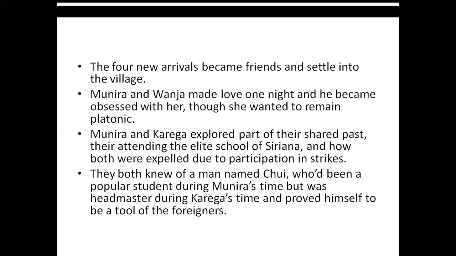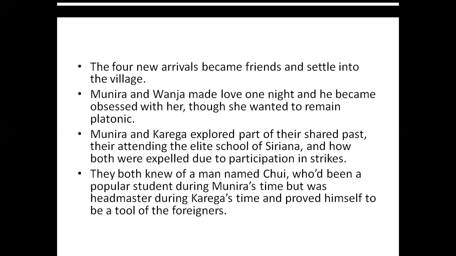Munira and Wanja made love one night and he became obsessed with her, though she wanted to remain platonic. Wanja wanted to be a mother, and for this reason, there was a clue with her grandmother.